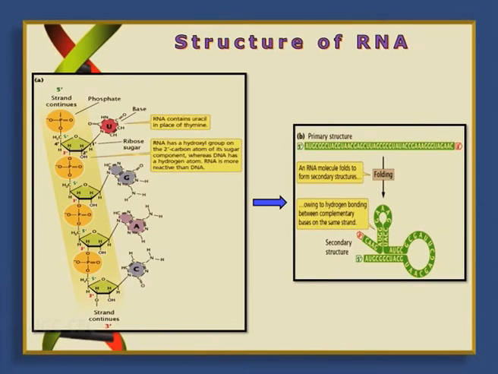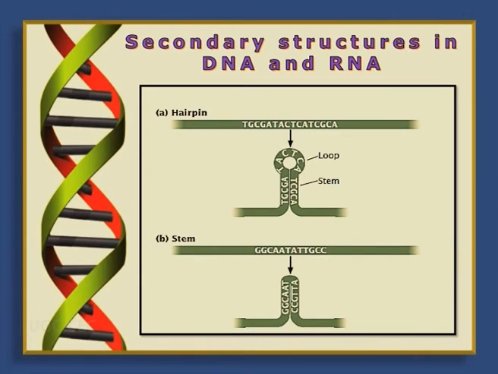In this diagram, as we can see, the primary structure is a polynucleotide chain. There are complementary sequences present in the polynucleotide chain which fold to form a stem loop-like structure. The stem loop, or hairpin structure, plays an important role in cellular processes.